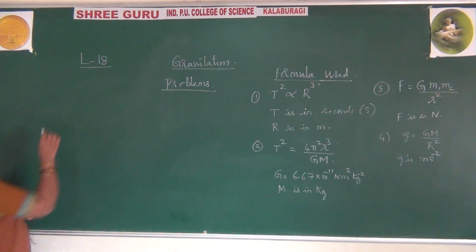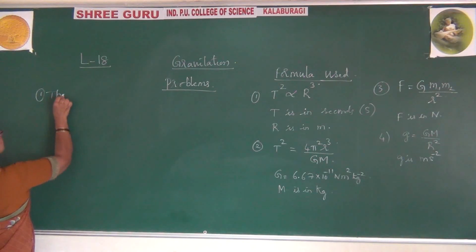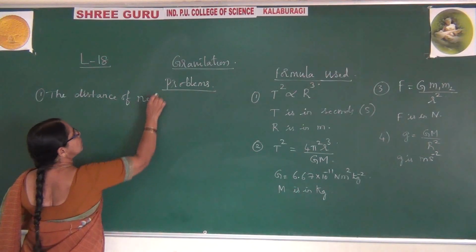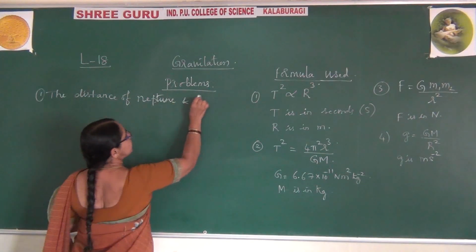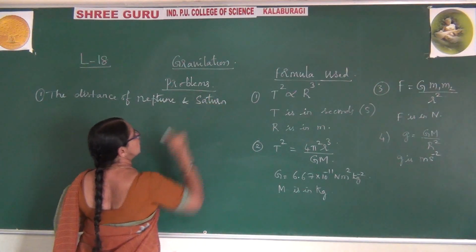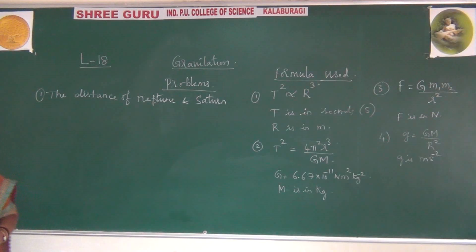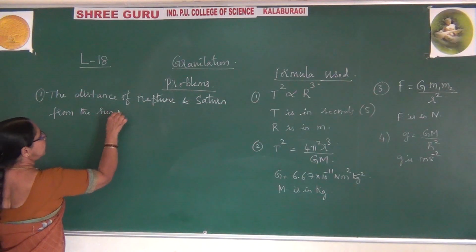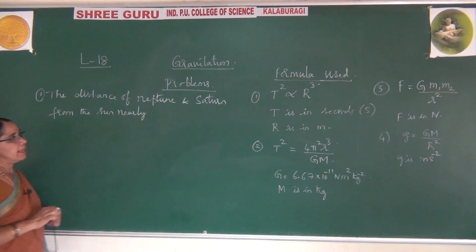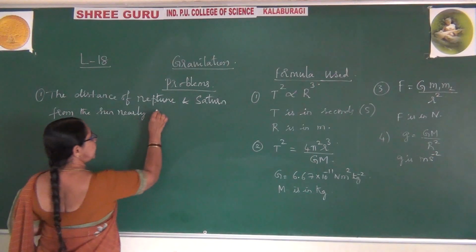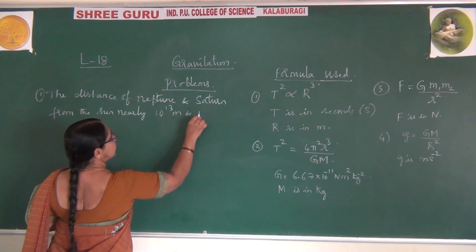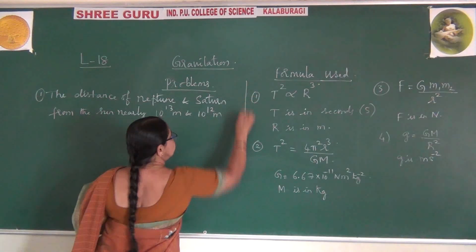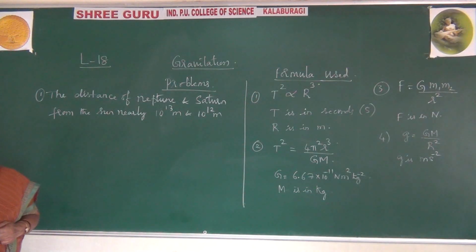The first problem: the distance of Neptune and Saturn from the sun is nearly 10 raised to 13 meter and 10 raised to 12 meter respectively.